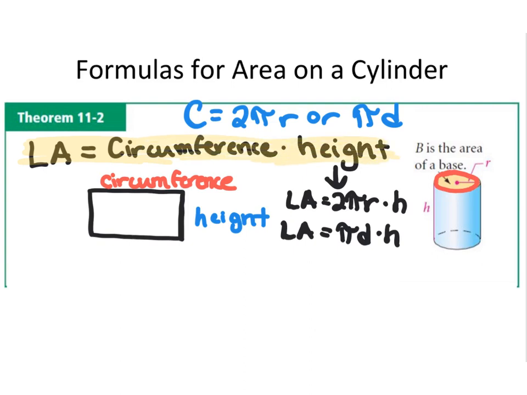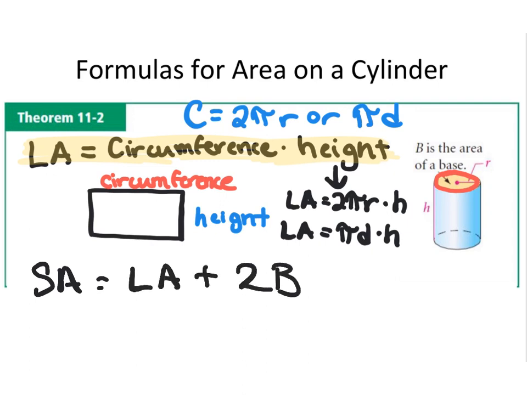In putting it all together, your formula for surface area is still the lateral area plus 2 times the area of the base. However, because our base shape is restricted to a circle, we can simplify it a little more, so that the surface area equals the circumference times the height plus 2 times the area of a circle, which is always pi r squared.